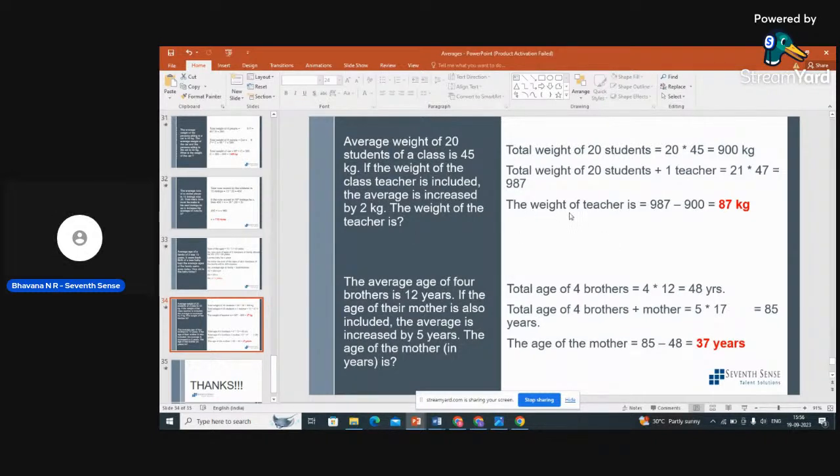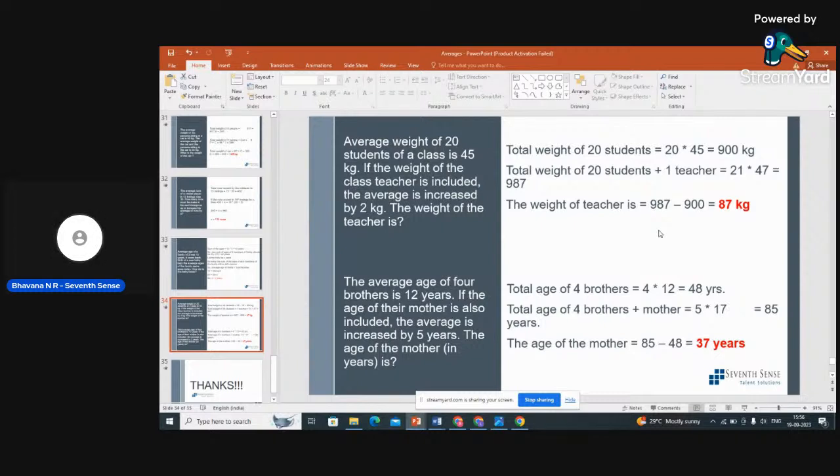We need to find that out. For 20 students we already calculated the sum, and 20 students plus one teacher we calculated too, right? So we subtract from the bigger number, that is 987 minus 900, that is equal to 87. The weight of the teacher is 87.